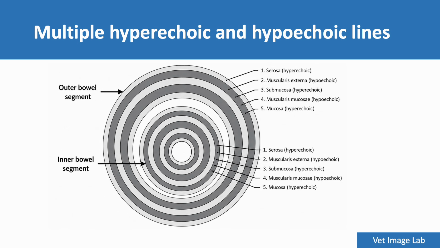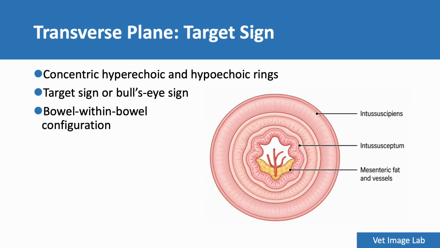Because these layers are folded and overlap with each other, we can see multiple alternating hyperechoic and hypoechoic lines in intussusception. In the transverse plane, this typical appearance of the bowel-within-bowel configuration is called the target sign or bullseye sign.